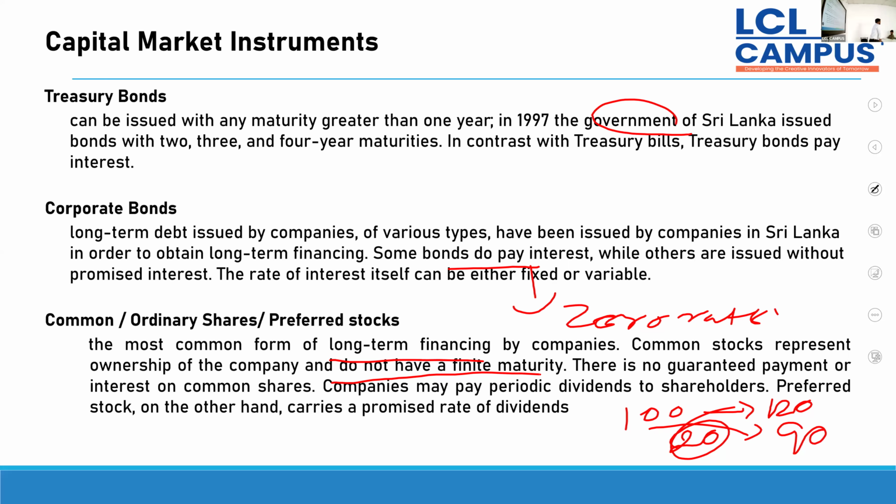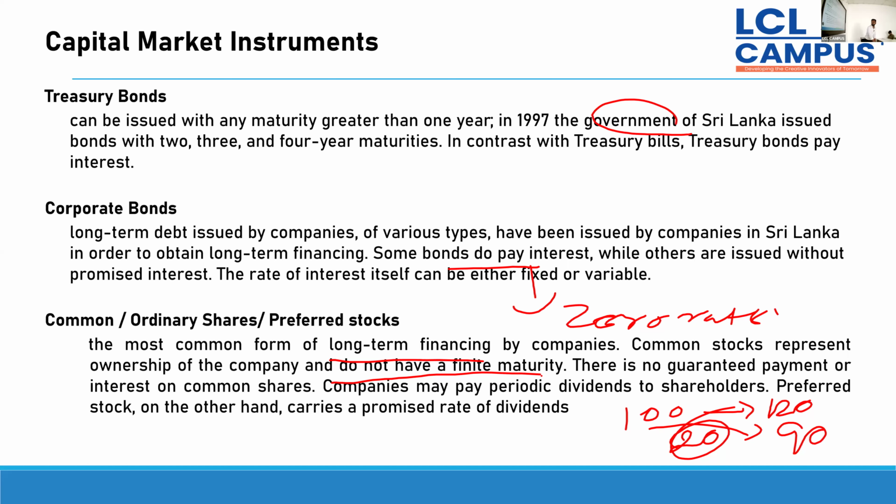There is no maturity period for the ordinary shares. And also, it is not an obligation for the companies to pay the dividend. Let's say you invest in a company, they don't have the obligation to pay the dividend for the ordinary shares. The obligation comes for preference shares only.